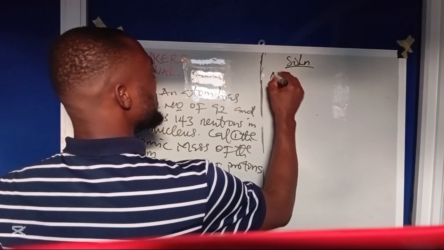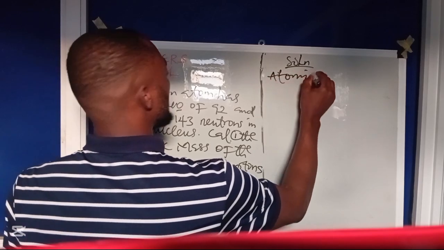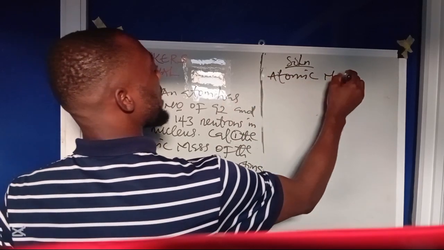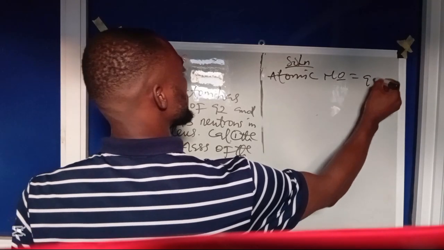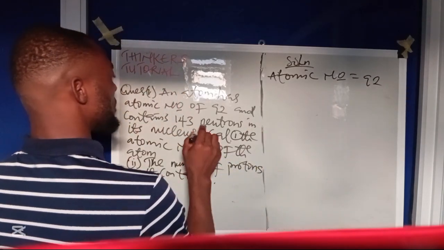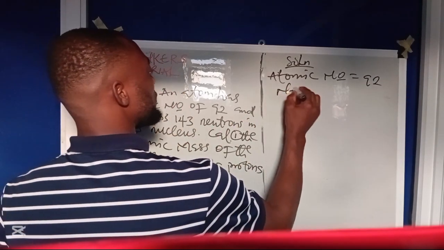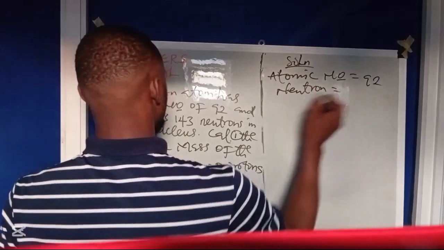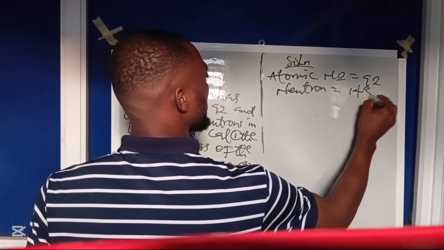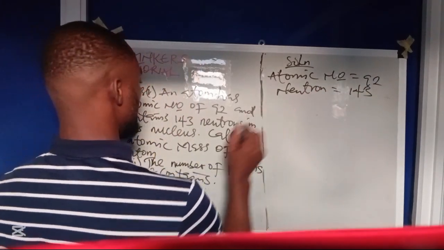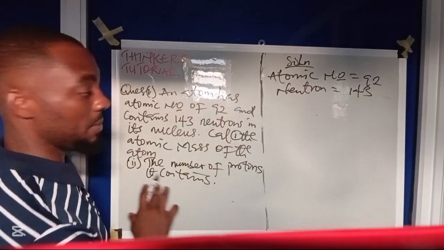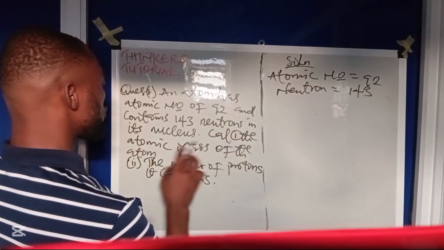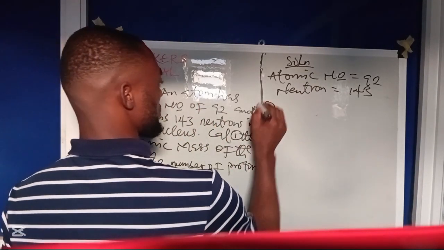From this, we can see that the atom has an atomic number of 92. So the atomic number is equal to 92. Then it contains neutrons, so the number of neutrons is equal to 143. Yes. We are done writing the parameters now, so we are going to calculate the atomic mass. That is the first question.